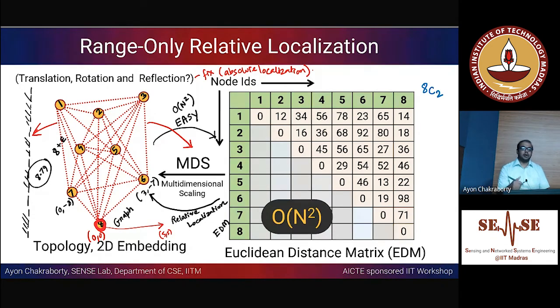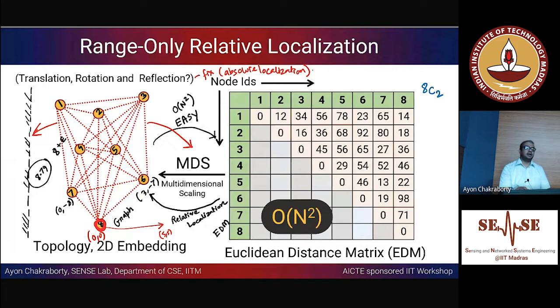Otherwise it will only be a relative localization. If you want an absolute localization, in that case you actually have to associate a physical coordinate with a certain node here. Then you at least save the problem of translation. Okay, so it cannot move around arbitrarily.